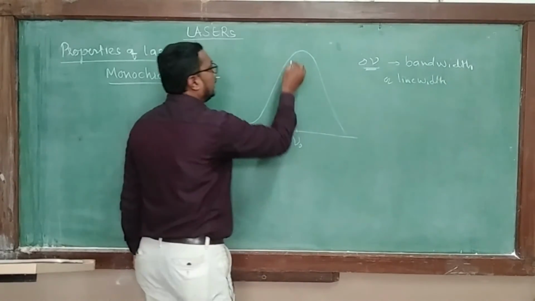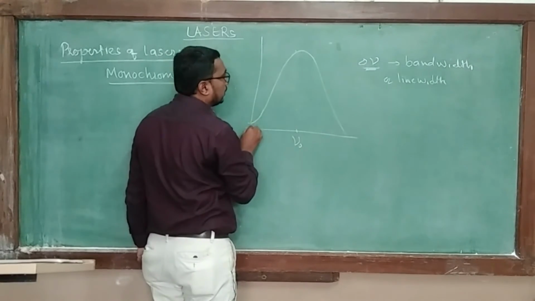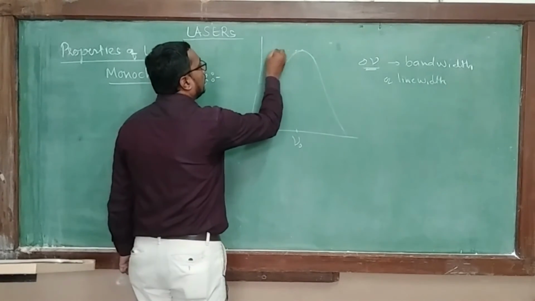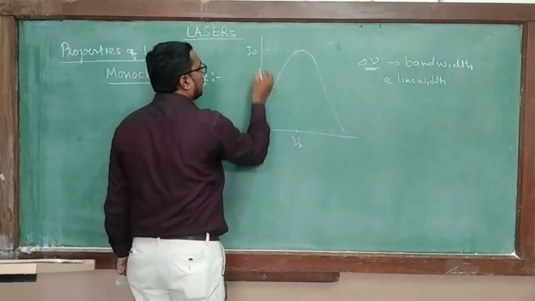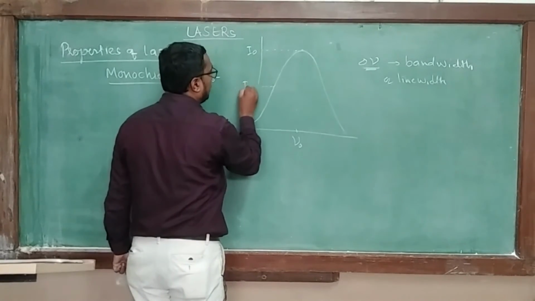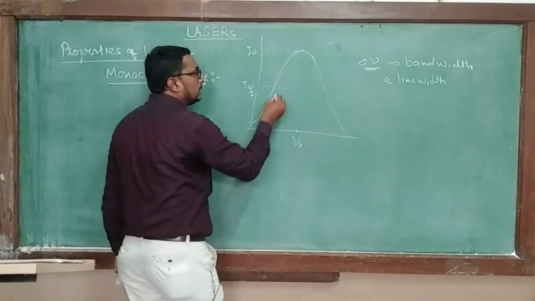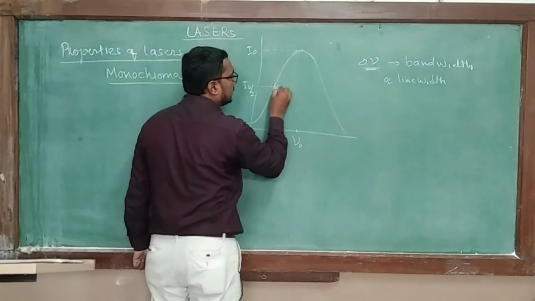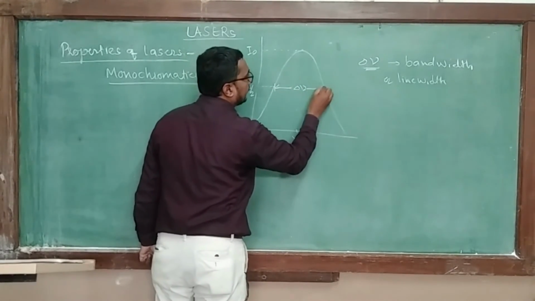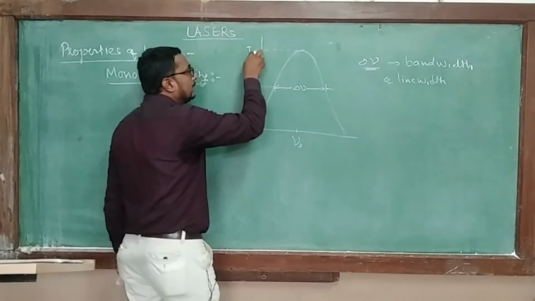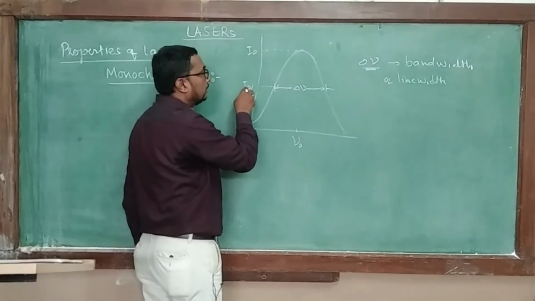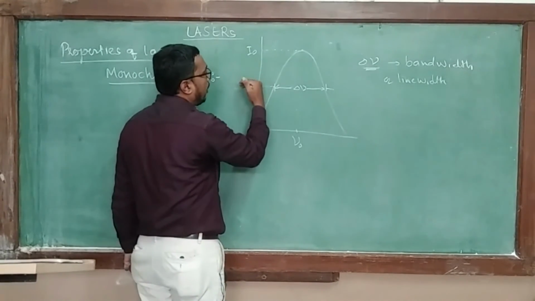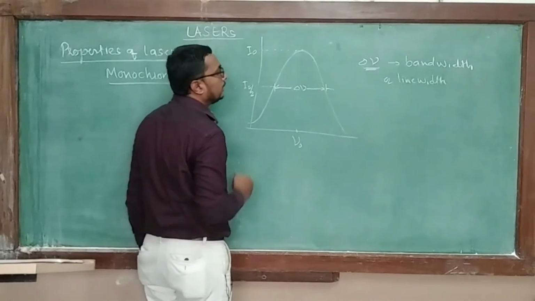So it is measured at the point where the intensity falls to half of the maximum. So the line width is measured at this point, where the intensity of the light falls to half of the maximum.